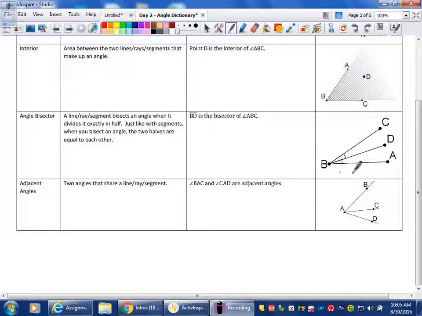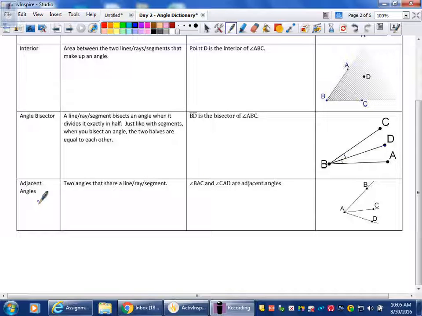As you notice on the diagram here, BD is your angle bisector. And if you look, we have the arc measures to prove that angle CBD and angle DBA are congruent to each other because segment BD bisected the big angle ABC.